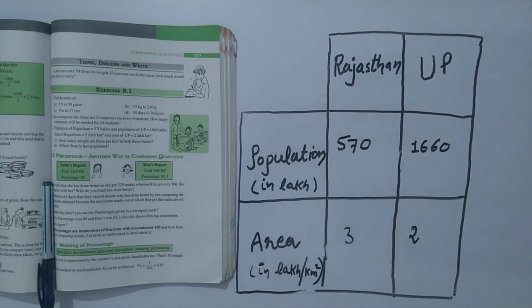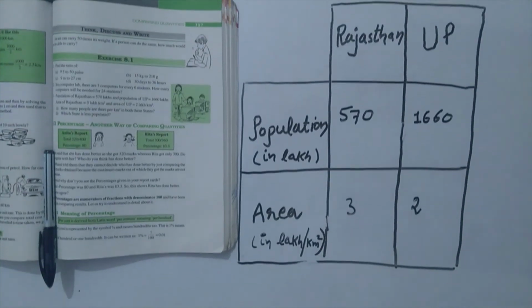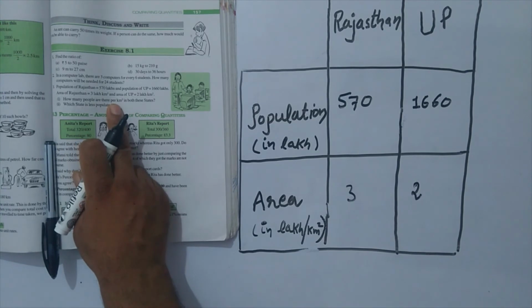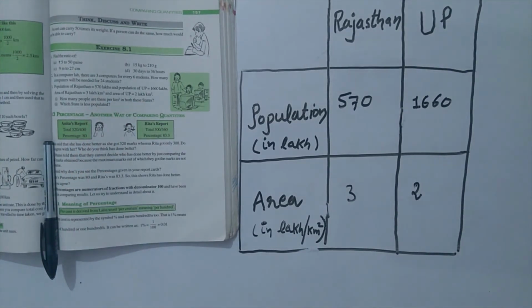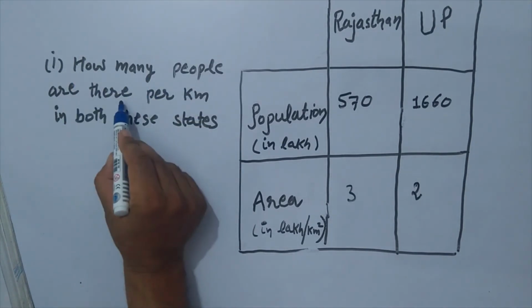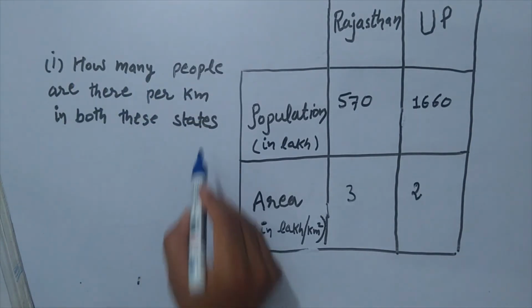Now what is the first part of the question? The first part is how many people are there per kilometer in both these states.